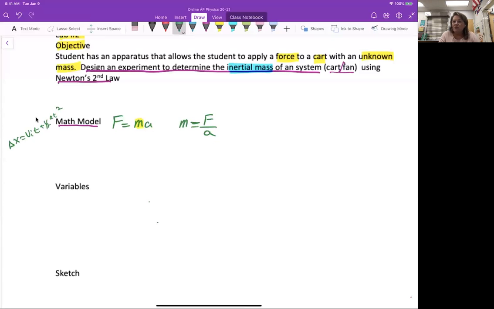If I can get a situation where initial velocity is 0, and I can measure the time and the change in distance, I can find acceleration experimentally as well. So those are 2 variables that I can actually do in the lab. I can measure a force, and I can measure an acceleration of an object if I have some data about the object's motion. Okay. All right.